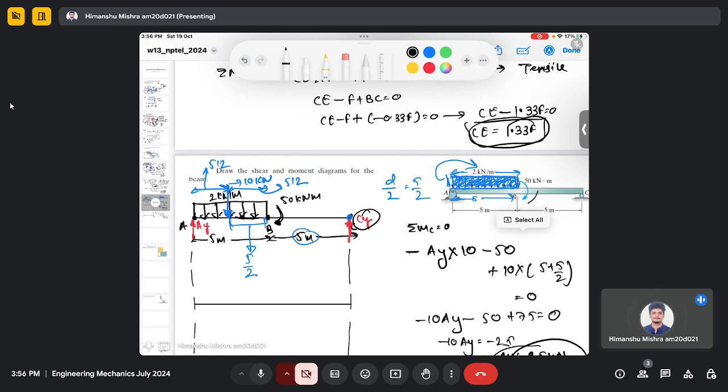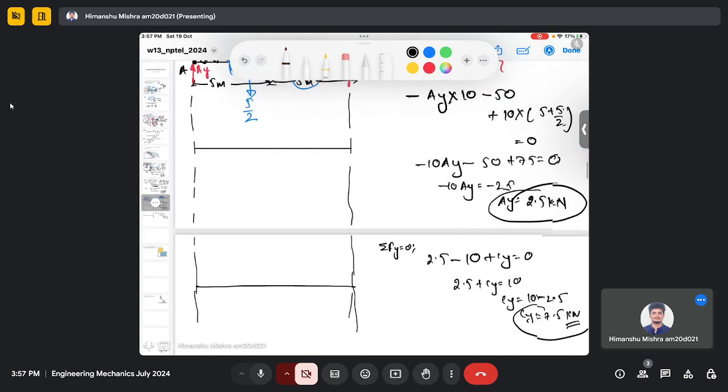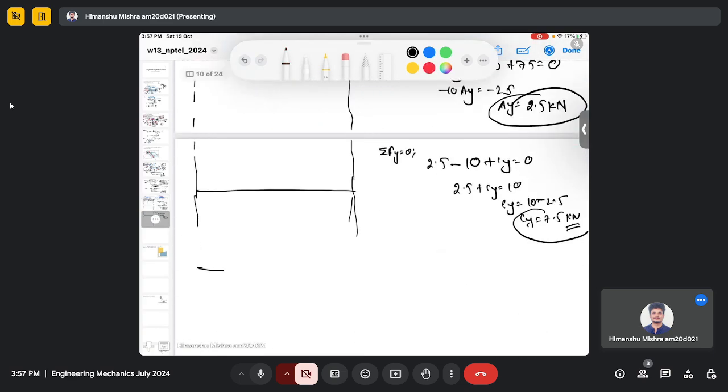So let's first consider cutting this beam at some random distance x from point A. So this is point A. Here we have force Ay, and this is some distance x.